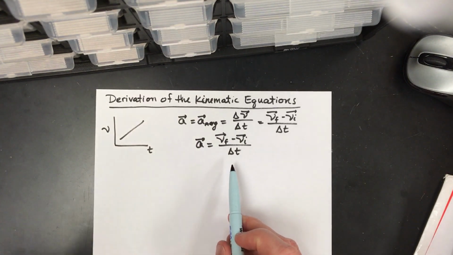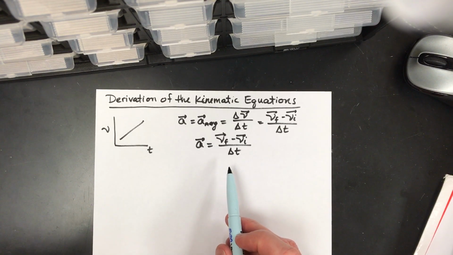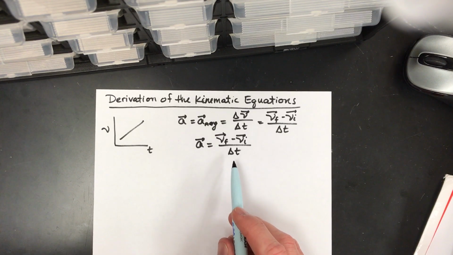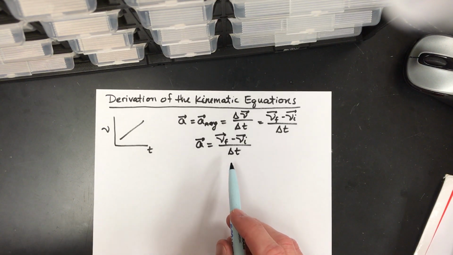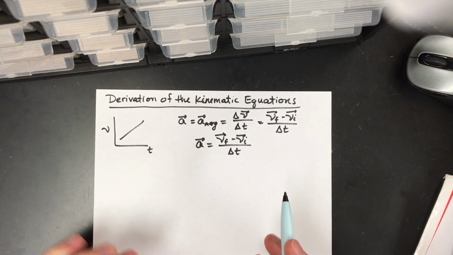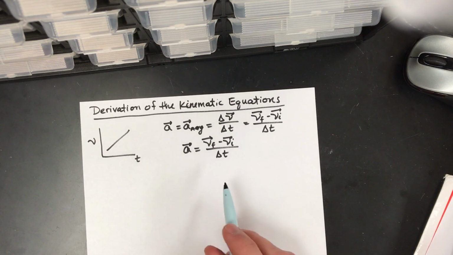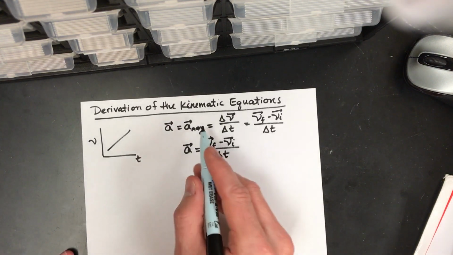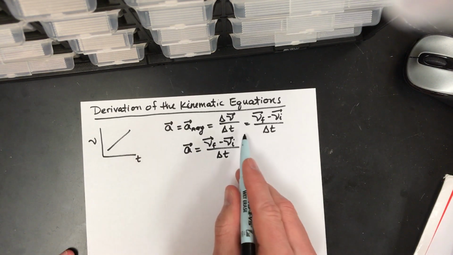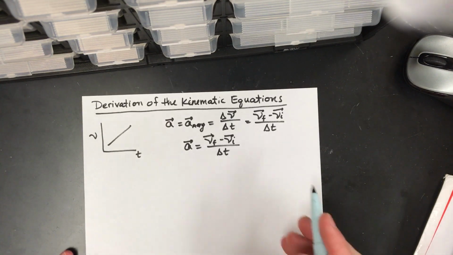Now, I leave that delta t in there instead of doing t final minus t initial, just because most of the time you'll be able to either declare yourself, or the problem will say, that the initial time is 0.